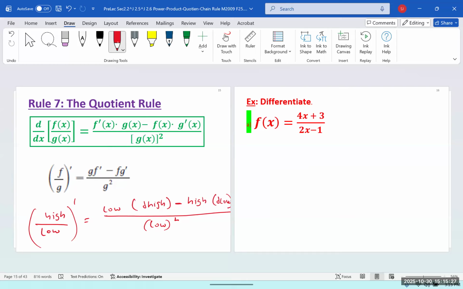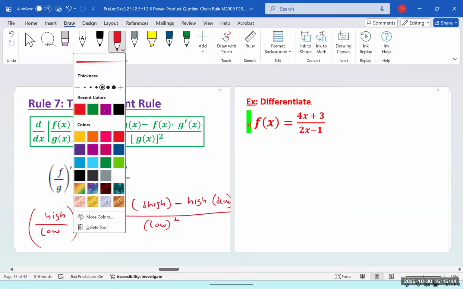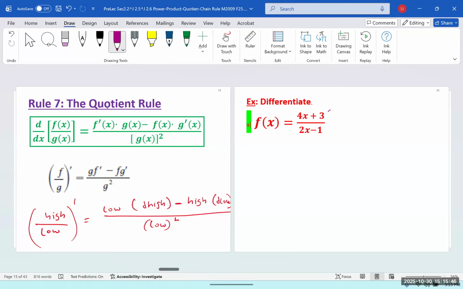Example, let's say we have two functions, 4x plus 3 divided by 2x minus 1. Let's say purple. Let's say this is the f function and this is the g function.